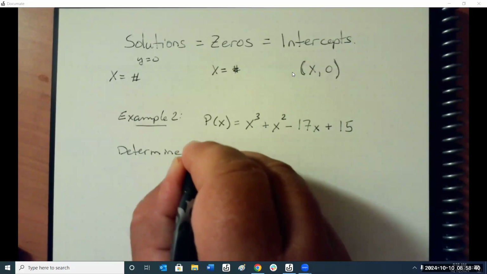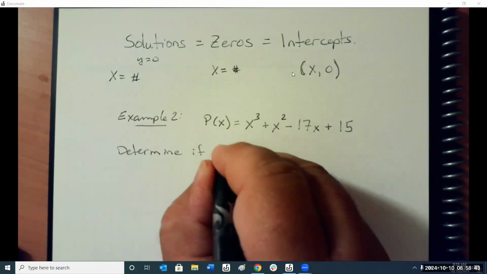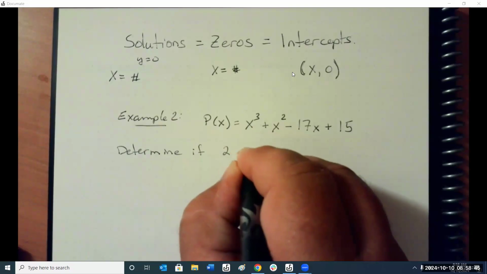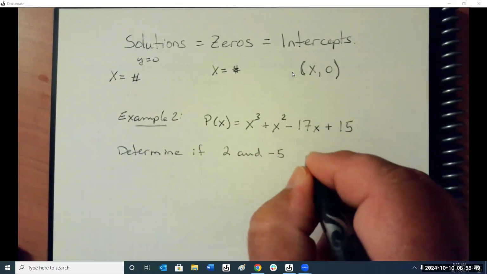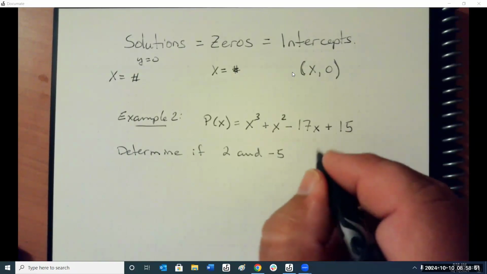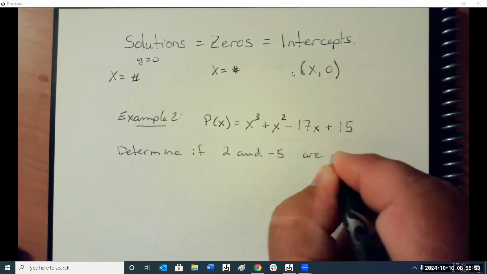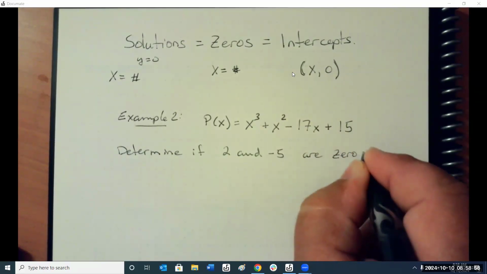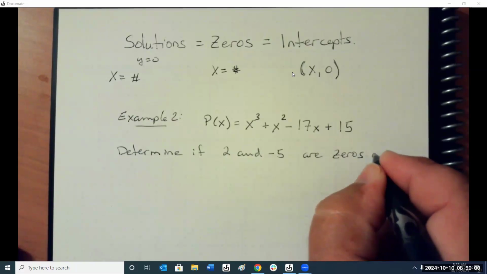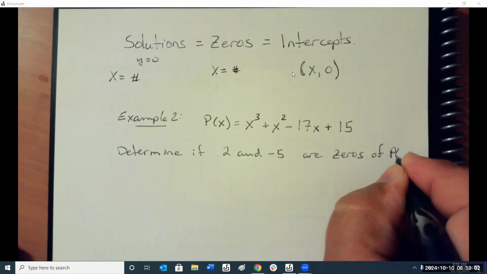Determine if 2 and -5 are zeros of our polynomial.